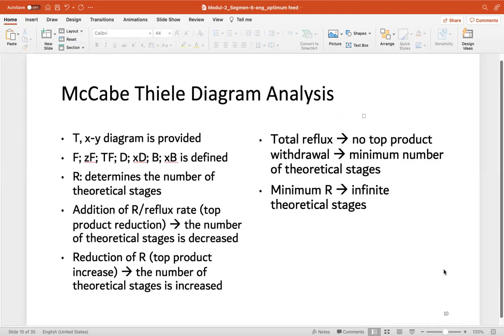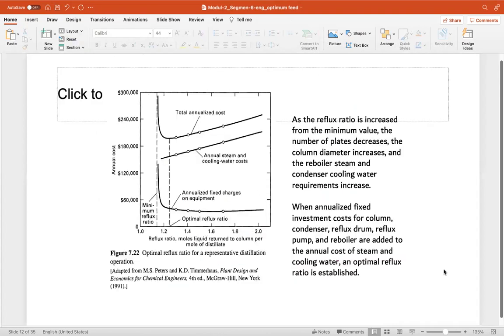And then this also I would like to show you as well. So this is the data, how to get the reflux ratio of a representative distillation operation, from Timmerhaus, Plant Design and Economics. So here is the reflux ratio. This one is the minimum reflux ratio, and this is the annual cost.